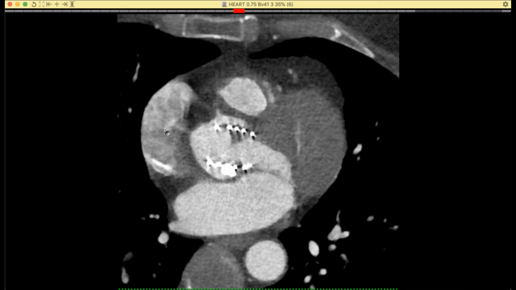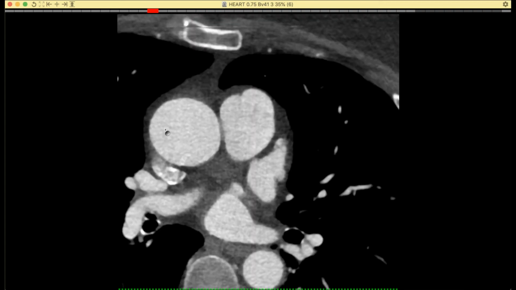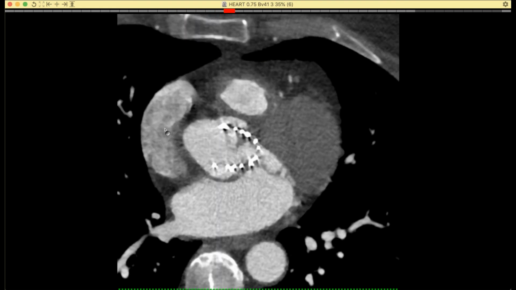It's pretty classic, has that little concave shape to it. And once you see one, they all kind of look exactly the same. What changes is which one of the leaflets in the prosthesis may be affected. I've never seen more than one leaflet at a time affected with HALT yet. I've seen a few cases, but I'm sure that it may happen and you can get more than one, probably two.